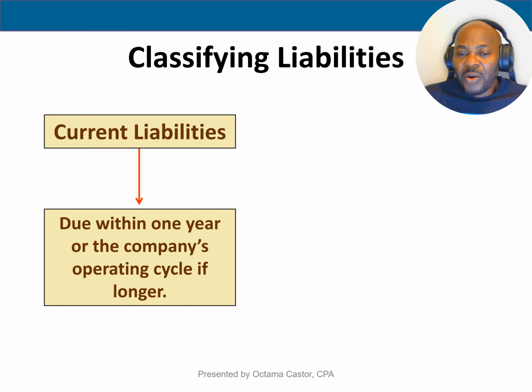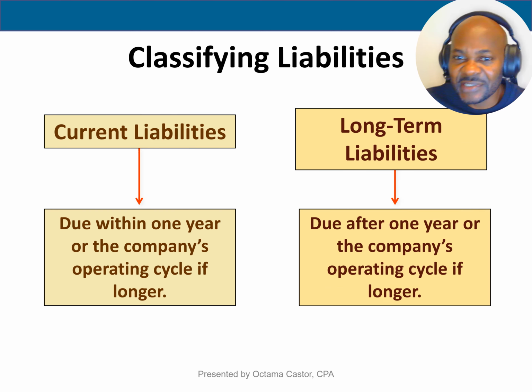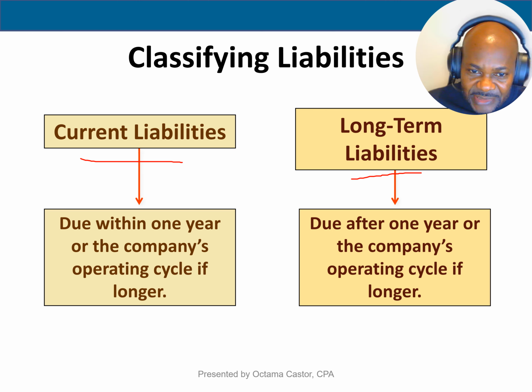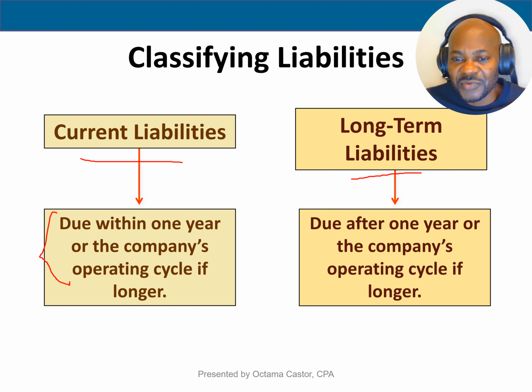Okay. Now, how do you classify liabilities? Well, we have two different categories for liabilities: current liabilities and long term liabilities. Current liabilities are the obligations that you have to fulfill within 1 year or the company's operating cycle, if longer.